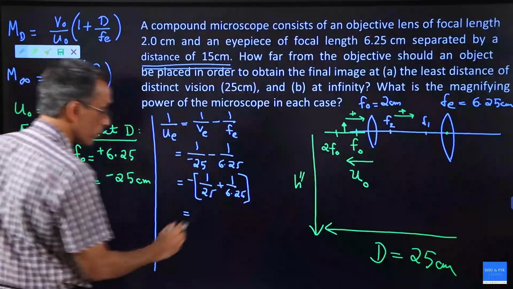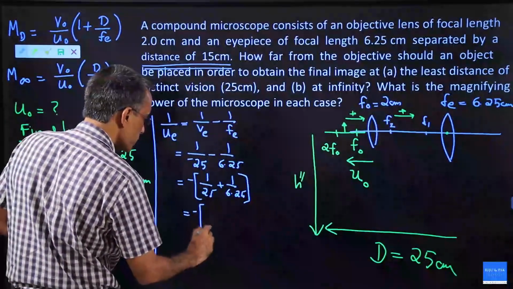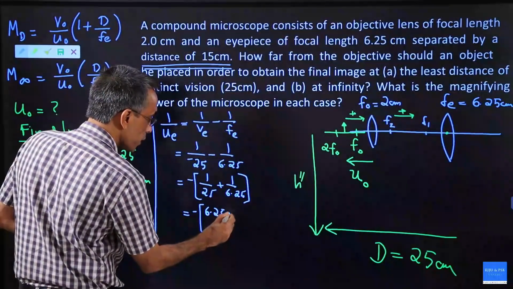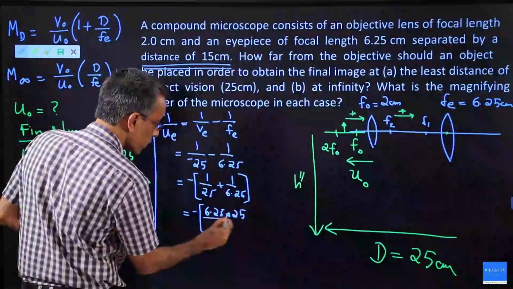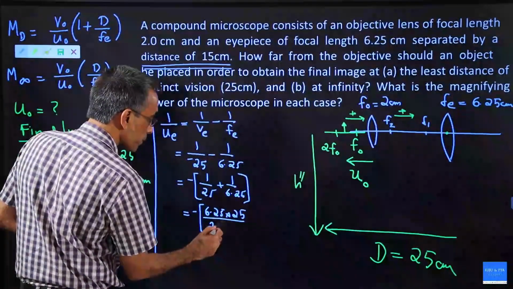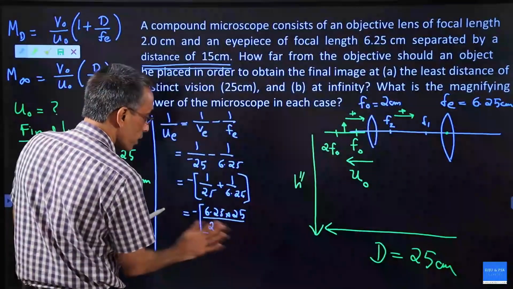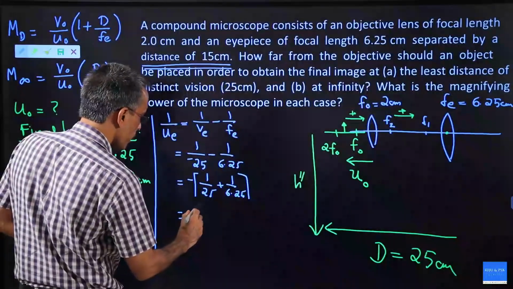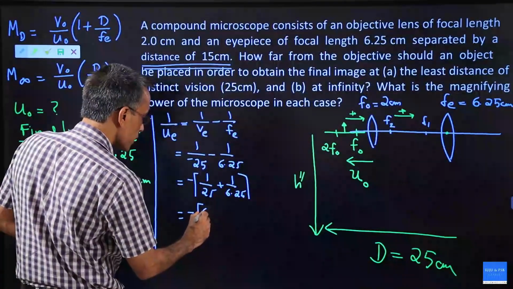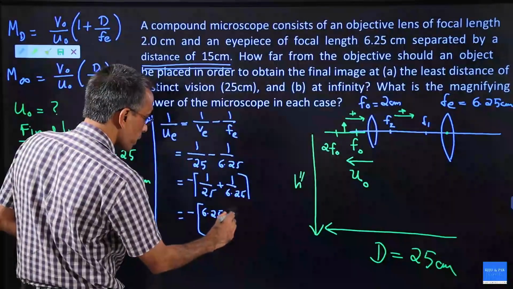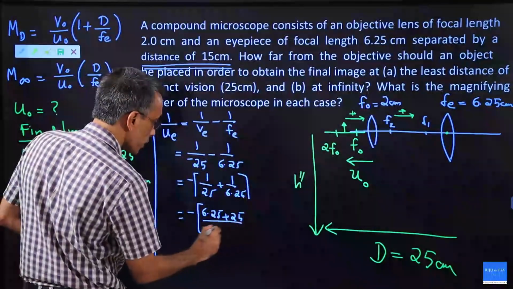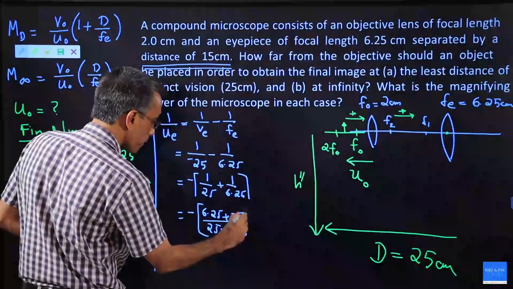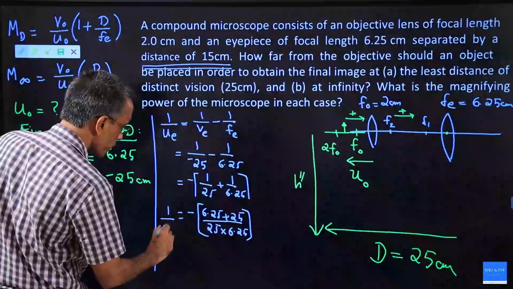Now this will give you minus bracket, 6.25 plus 25 divided by 25 into 6.25. This is 1 by U of the eye lens.